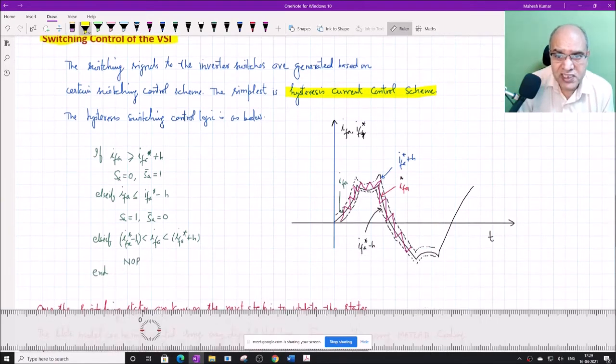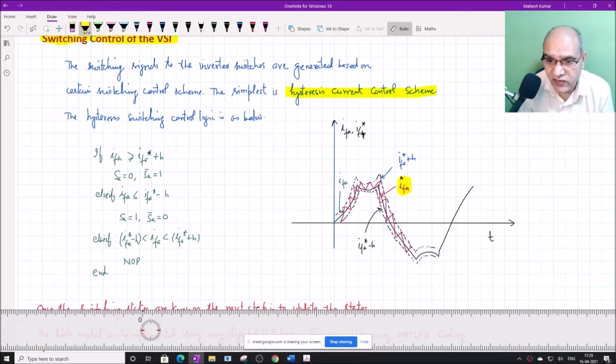The idea of hysteresis current control is that we form the hysteresis band around the reference current. Suppose this is my IFA star, which we have found by the control algorithm. There are two things: control algorithm, and second, switching algorithm. So this is for switching. Switching is very fast as compared to the control algorithm.